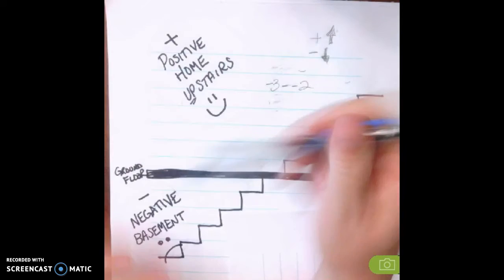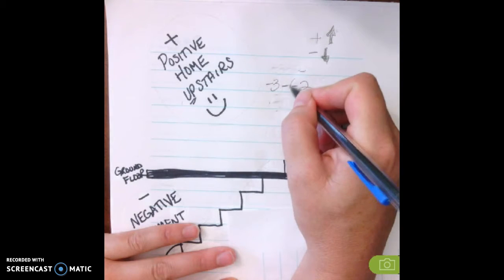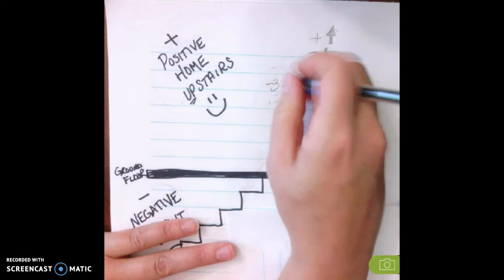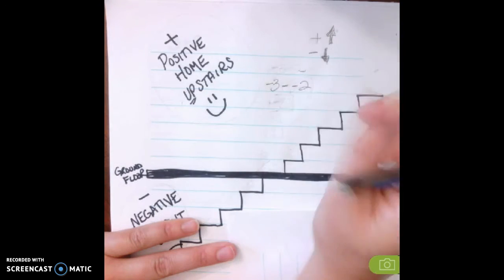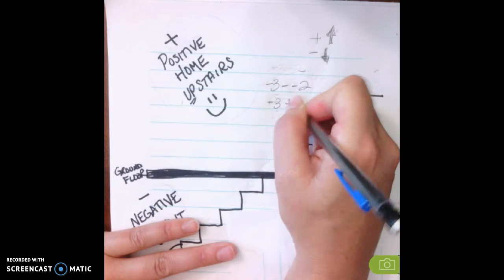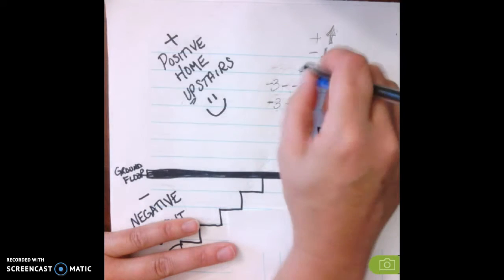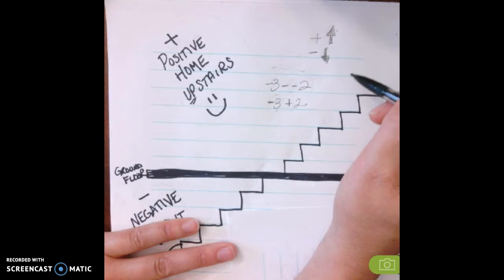Okay, so when we have 2 negative signs right next to each other, and it doesn't matter if there's parentheses, it doesn't matter if there's not parentheses, if there are 2 negative signs right next to each other, they're going to crash into each other and make a positive. So subtracting a negative number is the same thing as adding. So write that in your notes. Subtracting a negative is the same thing as adding.